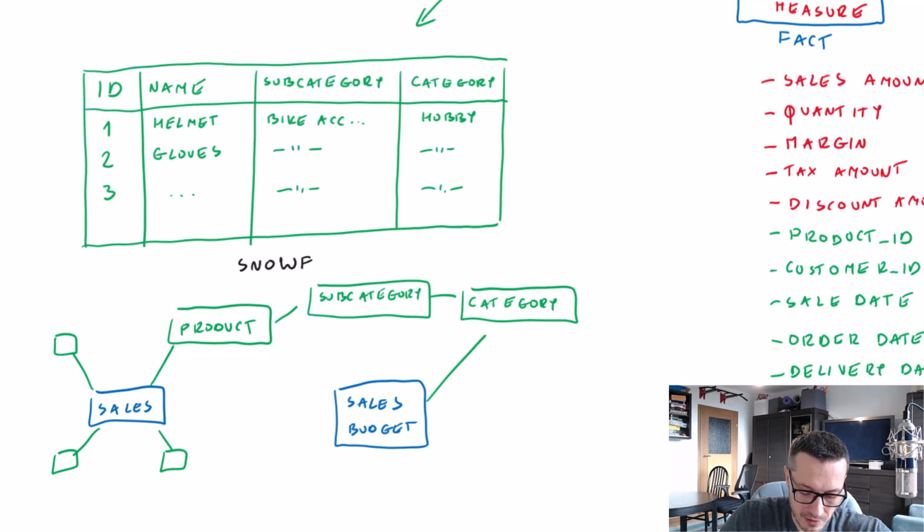So this is Snowflake. So no longer we have this pure star schema with a central fact table surrounded by dimensions. Well, we still have the central fact table, but here those dimensions might be connected to some other dimensions. That's the Snowflake design.